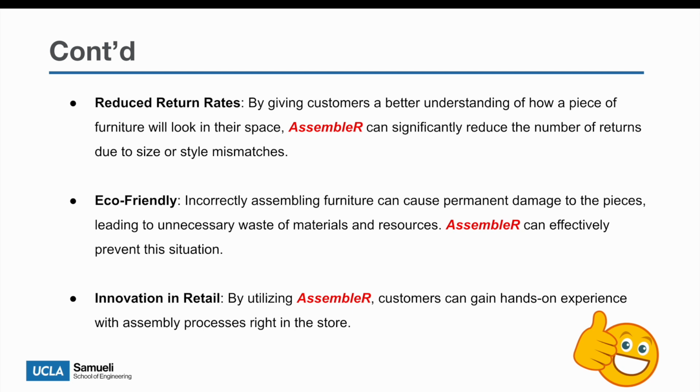Second, it is very eco-friendly because sometimes incorrectly assembled furniture can cause damage to the pieces, leading to a waste of materials and resources. Assembler can effectively prevent this situation. The last one is that we bring innovation in retail. By utilizing Assembler, customers can get hands-on experience with assembly processes right in the store.